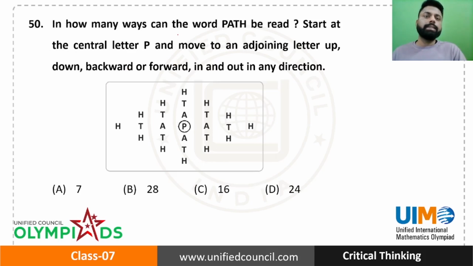In how many ways can the word PATH be read? Start at the central letter P and move to an adjoining letter up, down, backward or forward. PATH, PATH, PATH, PATH. 4 ways. These are the direct 4 ways.